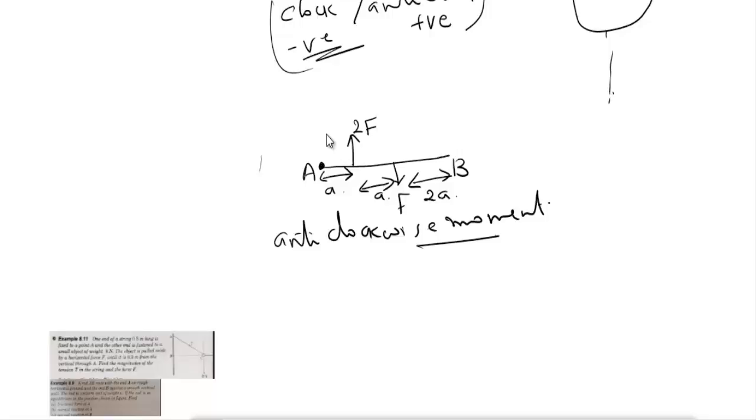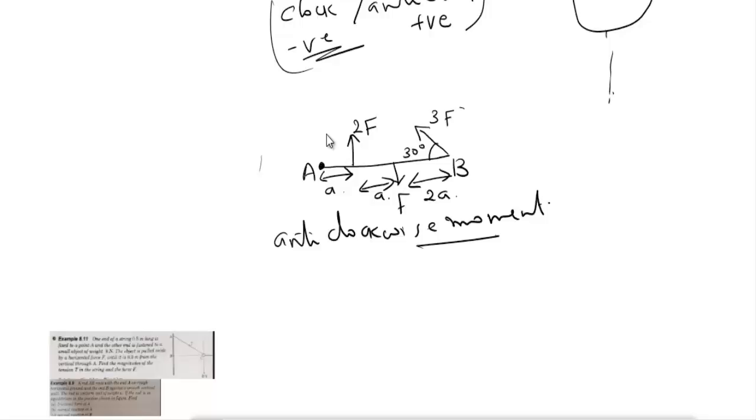At B, another force is acting, which is 3F, and it makes an angle of 30 degrees. Now we are going to find the anti-clockwise moment of each force with respect to A. A is pivoted.